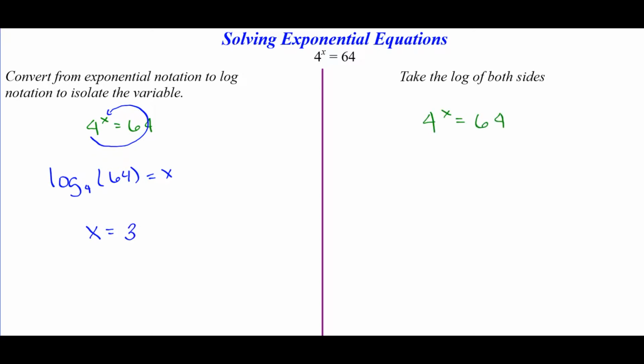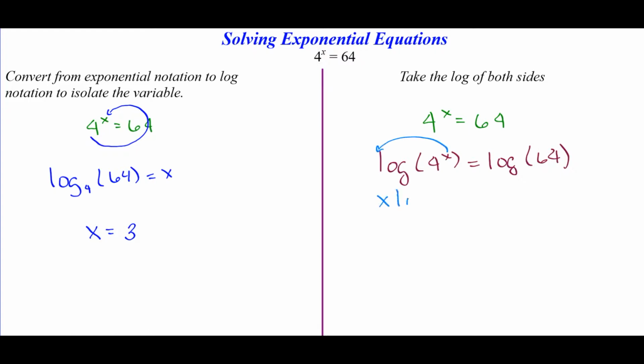The other way to look at solving this equation is to start with the same equation, 4 to the x equals 64, and we're going to take the log of both sides. We can take the common log, the natural log, or log of any base. We typically use common log or natural log because that's what we can do on our calculator. So here I'm just going to use common log, so I'm going to do log of 4 to the x equals log of 64. Then we're going to use our properties of logs right here with our exponent and move this to the front.